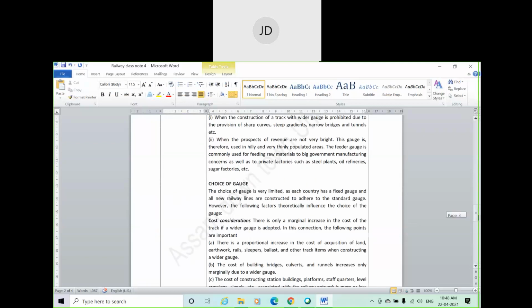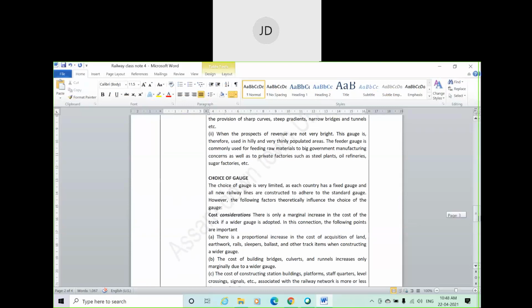So there is a last point of discussion here: choice of gauge. We already discussed the feasibility or suitability of different gauges, but theoretically some points are there based on which we can also consider different gauges. The choice of gauge is very limited. As such, a country has a fixed gauge, and all new railway lines are constructed to adhere to the standard gauge.